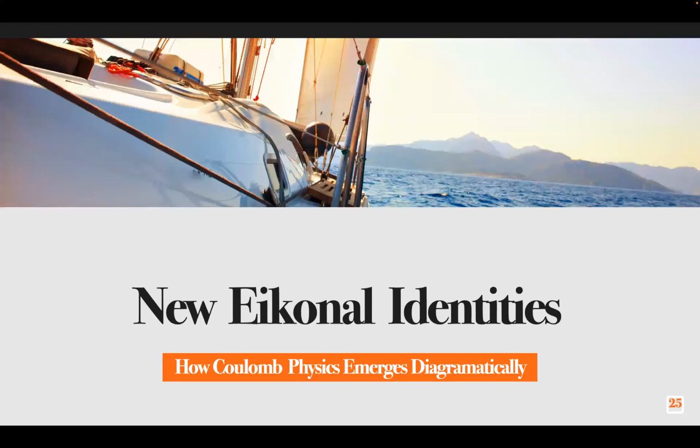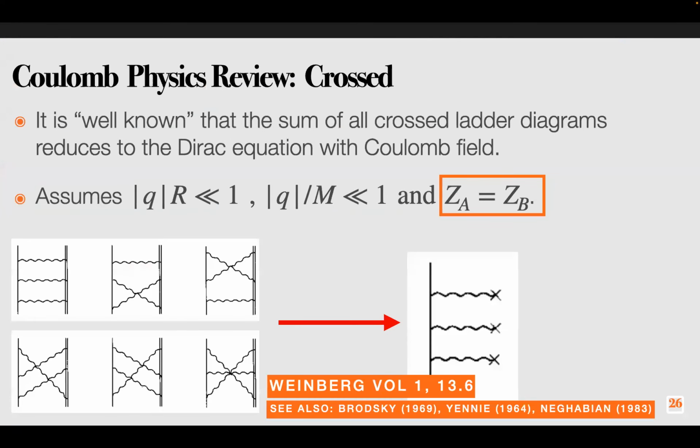Now I'm going to describe in this part of the talk how you can take advantage of eikonal identities that show up when you do these heavy particle field theories, to simplify all the loop calculations you have to do. It's well known, although I don't think it's actually that well known, that the sum of all crossed ladder graphs reproduces a Dirac field.